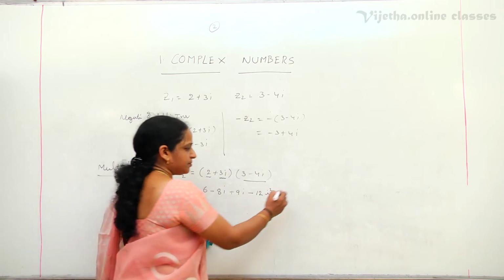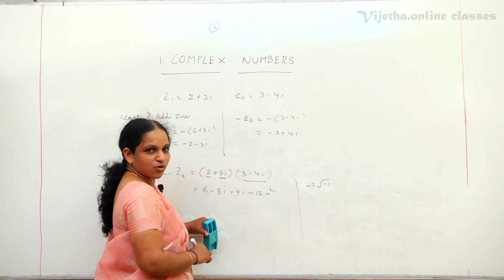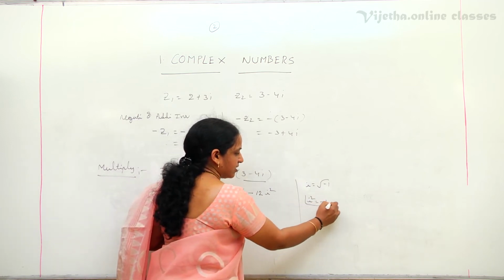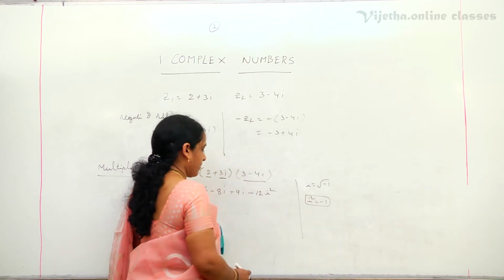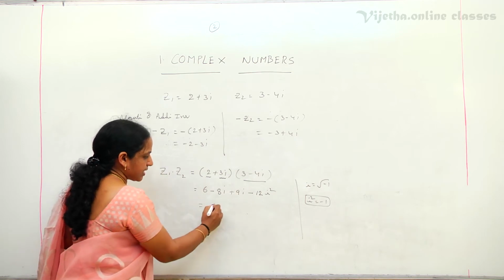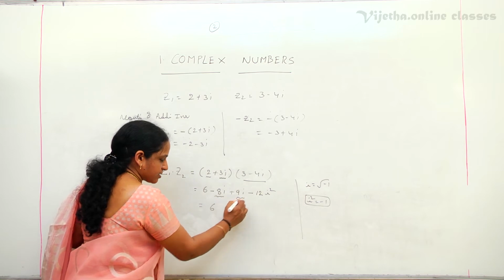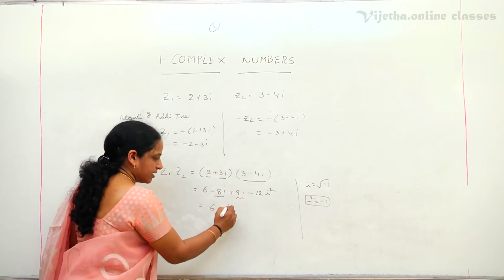Already we know that i equals root of minus 1. What is the value of i square? Squaring on both sides, we get i square equals minus 1. So 6 minus 8i plus 9i. These are imaginary parts: minus 8 plus 9 is plus i.